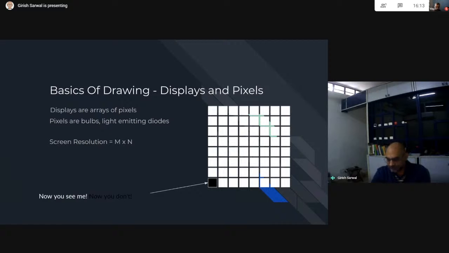What is a pixel? A pixel is a short form for picture element. So think of pixels as bulbs, think of pixels as LEDs. When you're looking at your TV screen or your monitor, you should just think that you're staring at a big array of bulbs that are going row wise and column wise. And the product of these two is essentially what we call a screen resolution.